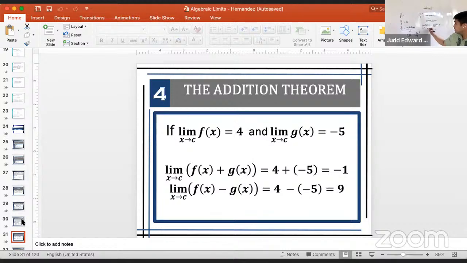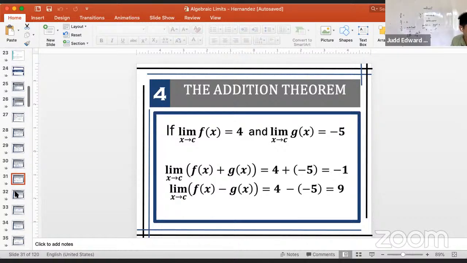The limit of g of x is equal to negative 5 naman daw po. So sa addition theorem, all you have to do is to add. So limit of f of x plus limit of g of x, 4 plus negative 5 is negative 1. 4 minus negative 5 is positive 9. Okay? So yun lang po ang meron sa addition theorem natin.